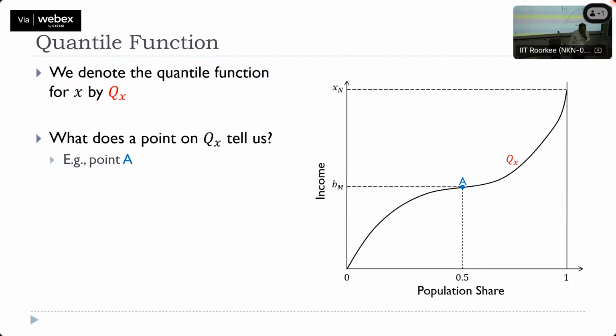This is the ideal curve, so we can study the quantile function. This is just one of the many ways of looking at it. In your actual application it may take a different shape, but it has to be increasing. It can be concave, convex, however it is, it doesn't matter, but it has to be increasing.